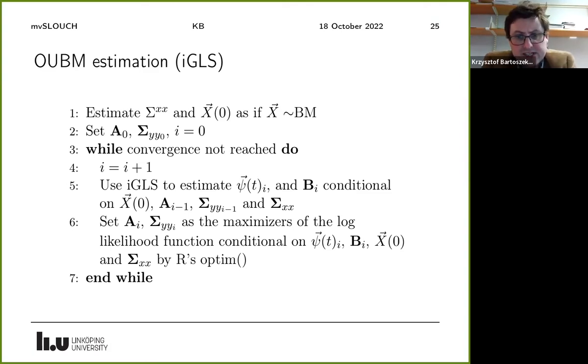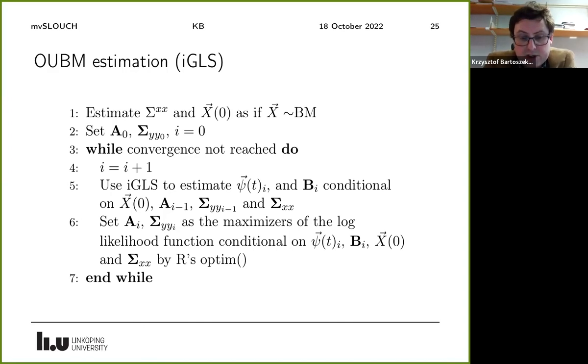But more interesting is the asymptotic bias for this parameter of the interaction between the Brownian motion and non-Brownian motion traits. One could show that, conditional on the drift matrix and the diffusion matrix of this OU process, these B's enter the conditional expectation of the non-Brownian motion traits linearly. So one would start an iterated generalized least squares.